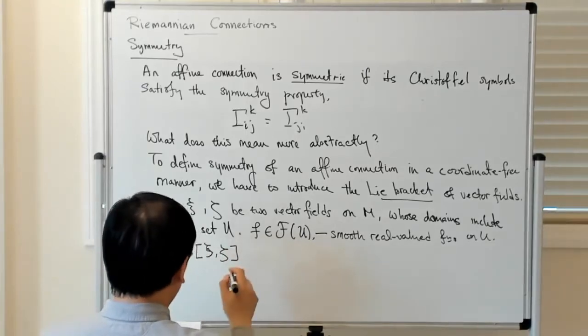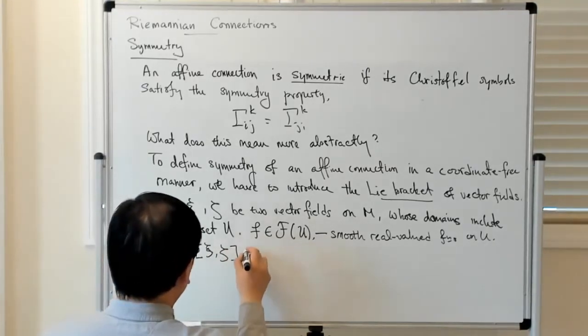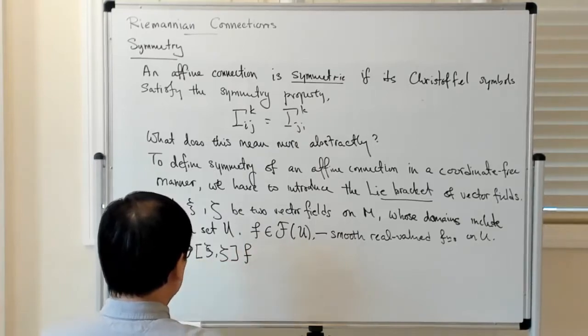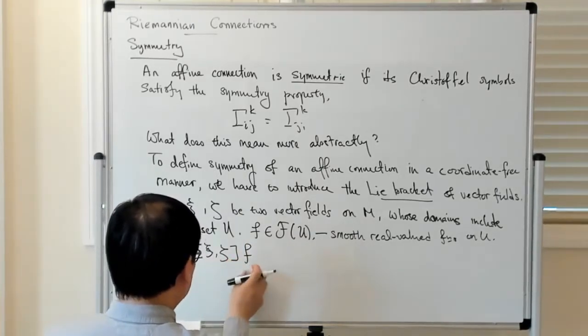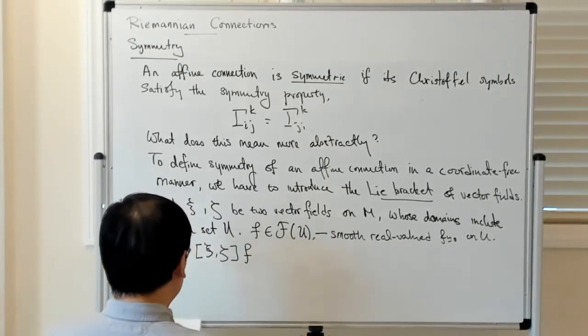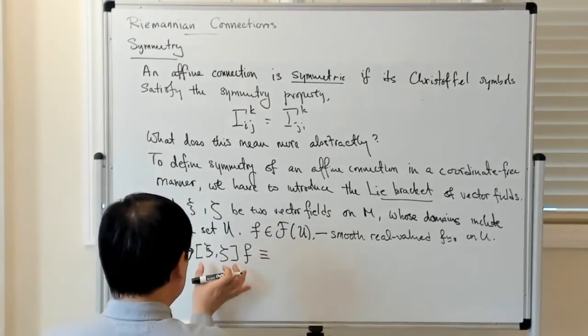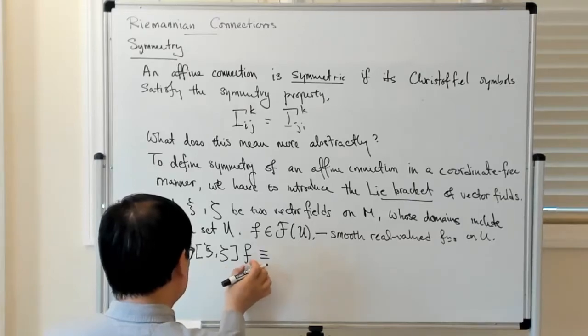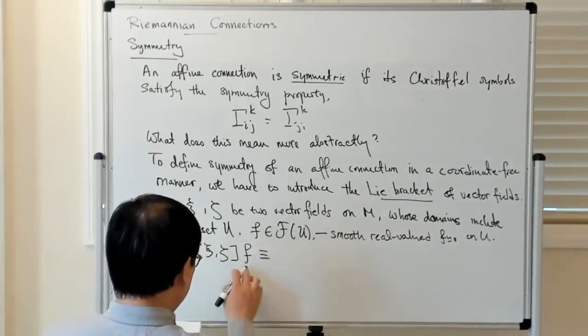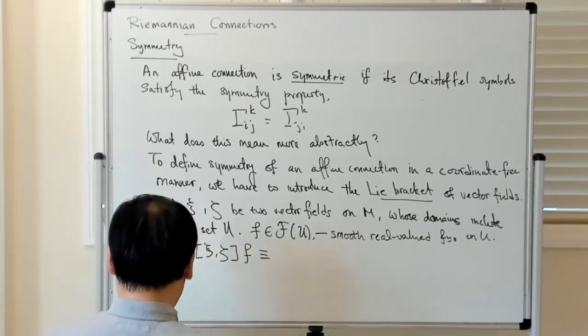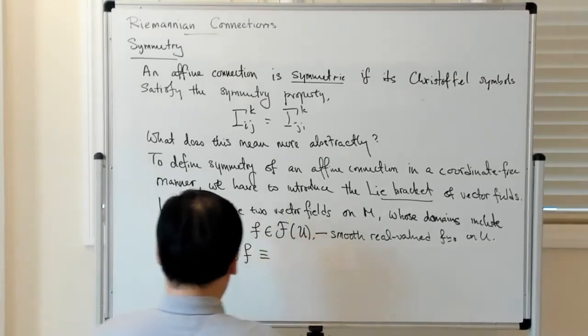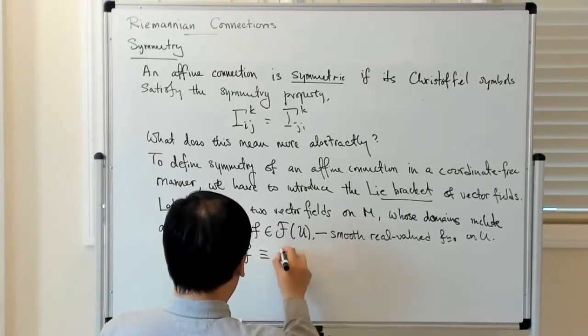If you recall, a vector field can be defined in terms of its action on a scalar-valued function. So that's what I'm going to do: look at the Lie bracket of two vector fields and define it in terms of its action on a scalar-valued function. And then this is just defined to be the following.